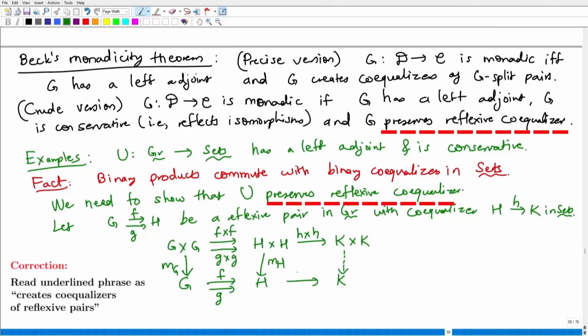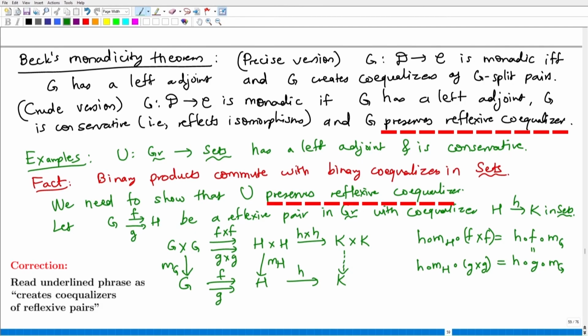Let me write it. h composed with M_H composed with F cross F is equal to h composed with F composed with M_G, which is the same as h composed with G composed with M_G, because it's a coequalizer there, and this is equal to h composed with M_H composed with G cross G. Everything is clear here.